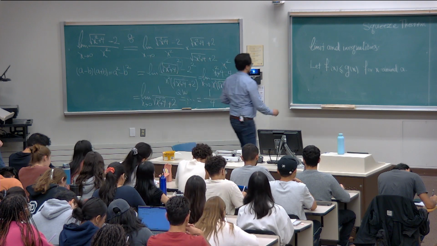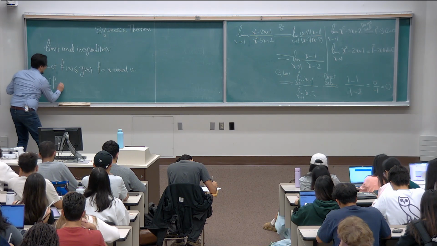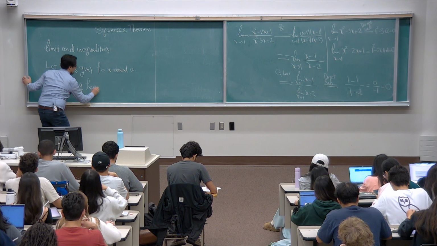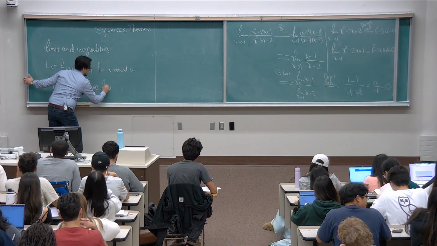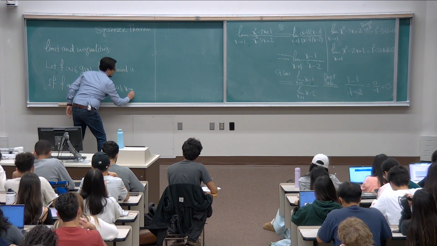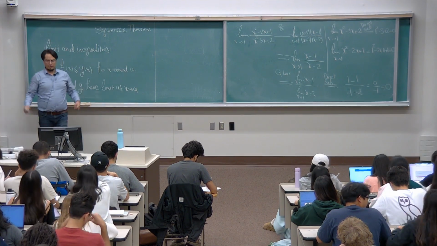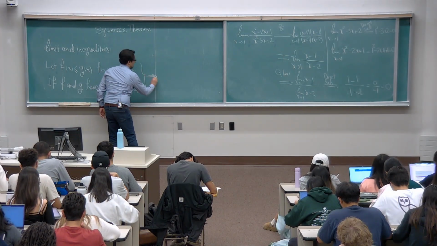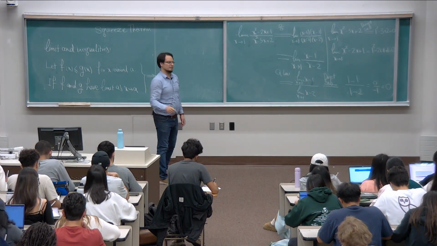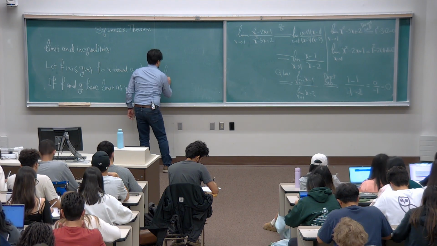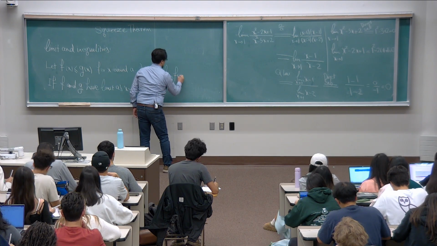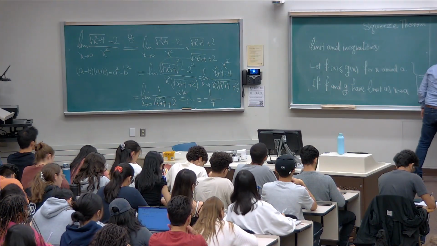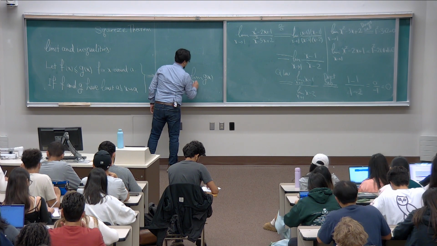Now, if f and g have limits as x approaches a, then as a result of a very simple calculation, you can see that the limit of the smaller function should be less than or equal to the limit of the bigger function.